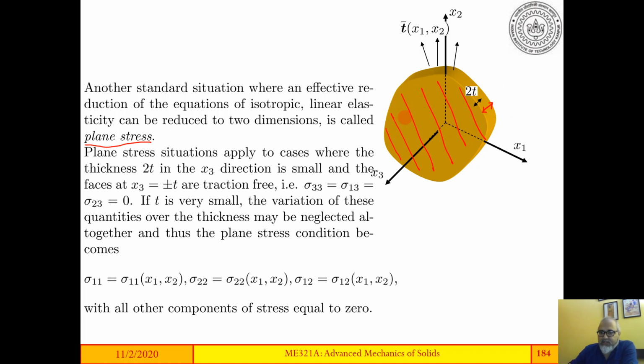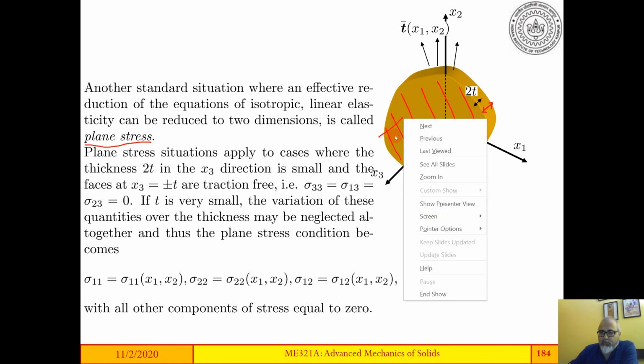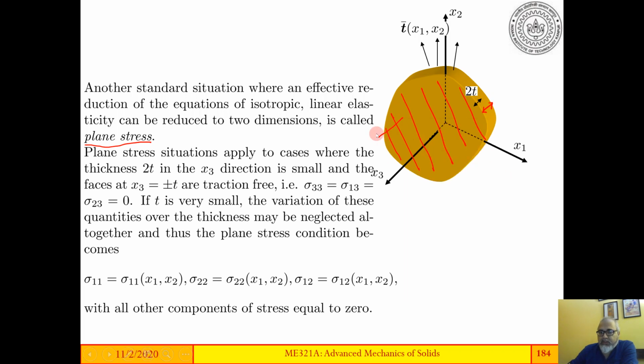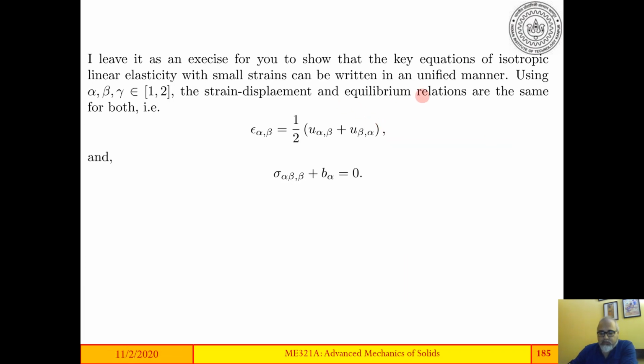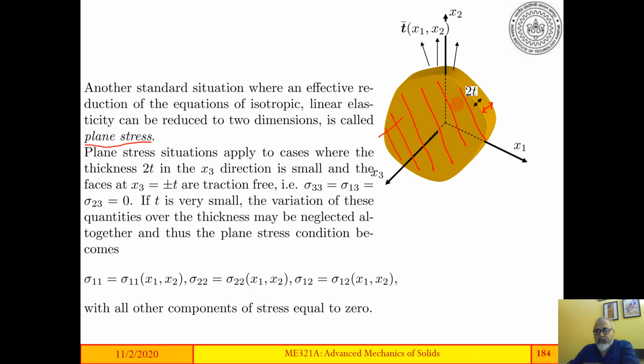So this plane is traction free, which means that if I take the normal to this plane, the normal is 0, 0, 1. Traction on this is 0. So T bar on this is equal to 0, which means T1 bar, T2 bar, and T3 bar are equal to 0.